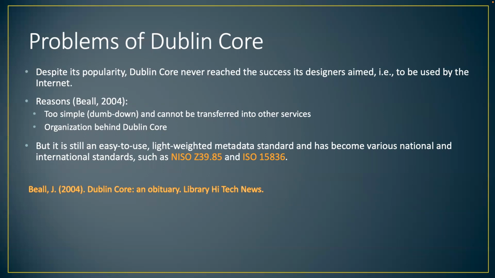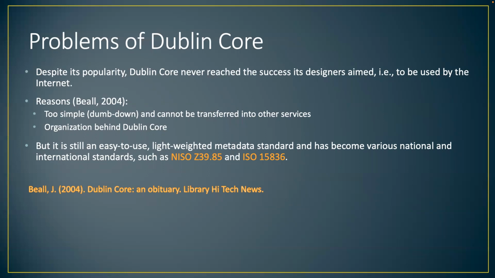And there are a few reasons discussed by BL, I guess that's how this name is pronounced. And he wrote this very famous article about the death of Dublin Core in 2004. And please pay attention to the year. That's just 10 years after Dublin Core was developed.